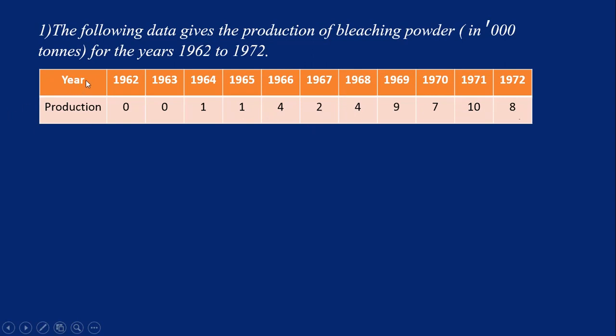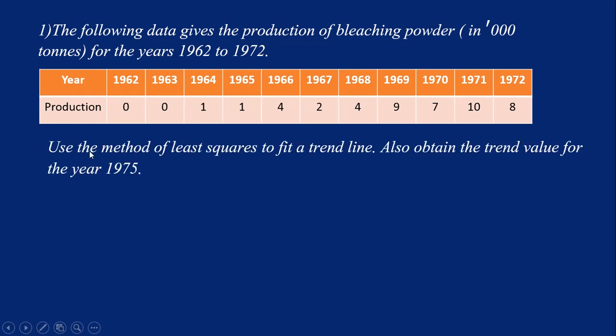These are values of t, and these are values of yt or xt. In our explanation we are using variable y. Use the method of least squares to fit a trend line. Also obtain the trend value for the year 1975.